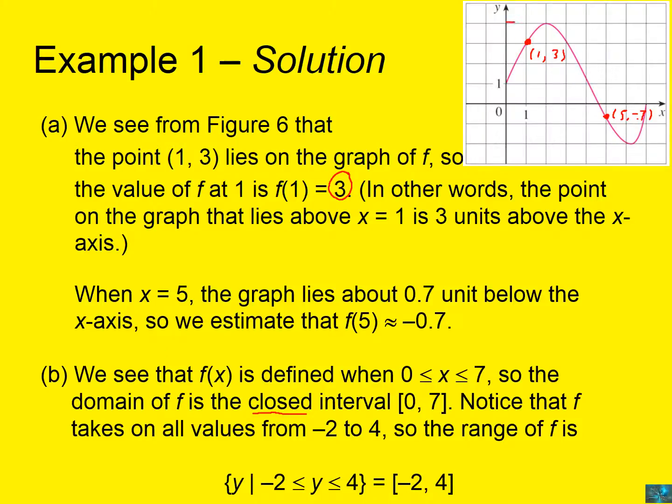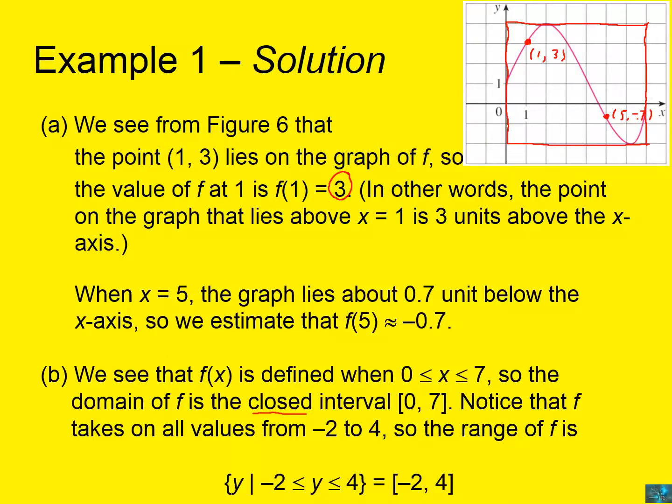And again, we can also see that from the box that we could draw around the graph, which has a left edge at 0 and a right edge at 7. And we will look at the bottom of the box and the top of the box to answer the range question.